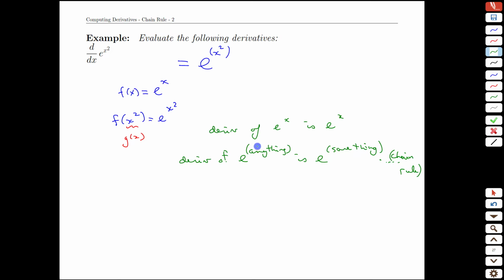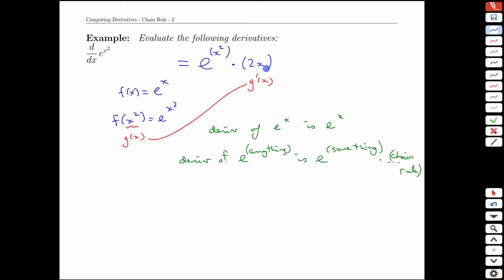So how does that play out here? The derivative of e to the x is e to the x. The derivative of e to the x squared is e to the x squared. That's what we have here, but then the chain rule says we have to account for that x squared being in there, not just an x. And so we multiply by the derivative of that x squared, which is 2x.